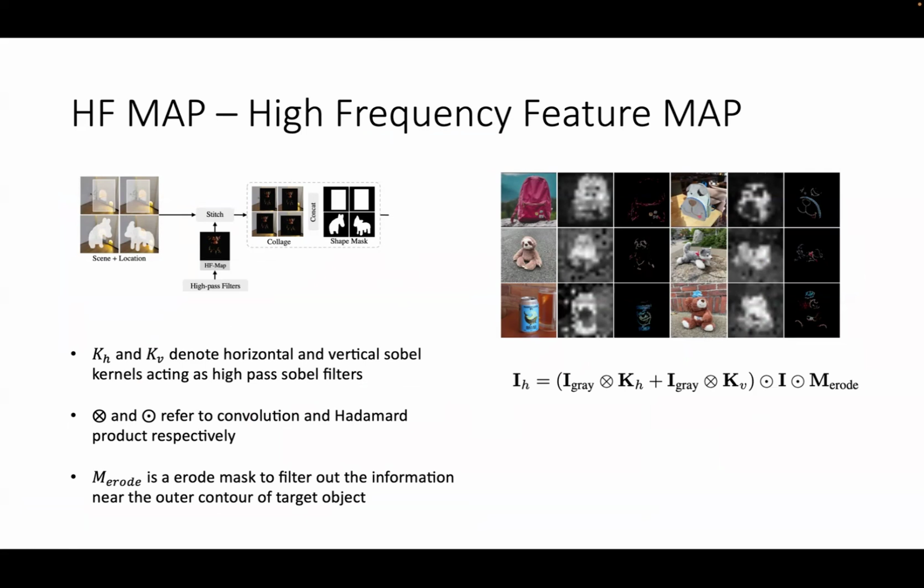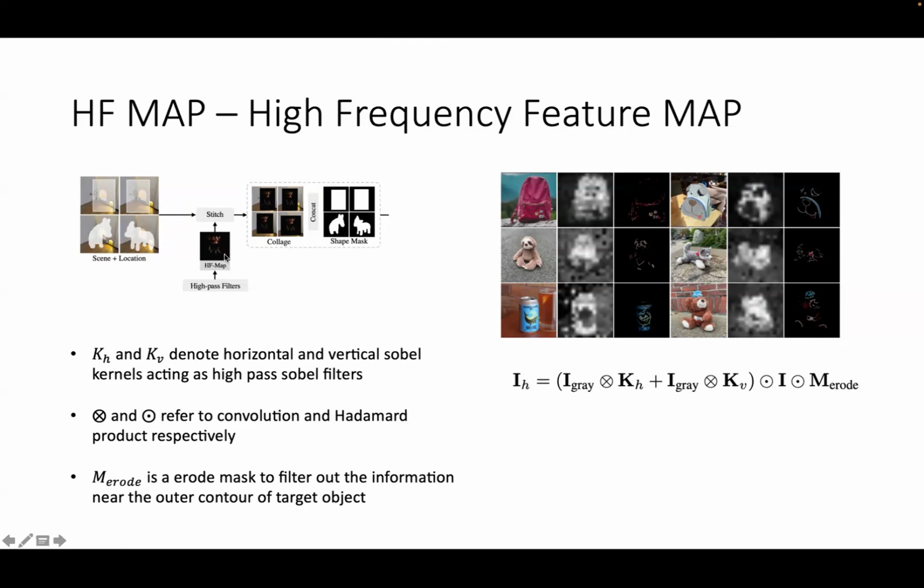See, the object of interest is there. There is a concatenated collage and shape mask. So what is finally the output of this block? Because the collage is basically the high frequency map of the object of interest, right? Let me try to explain.